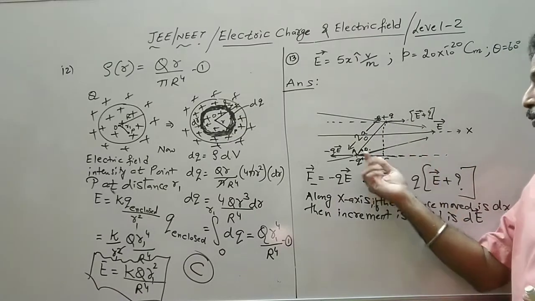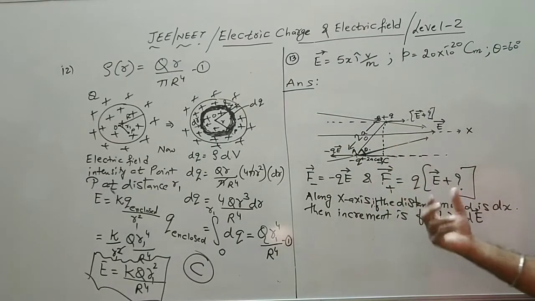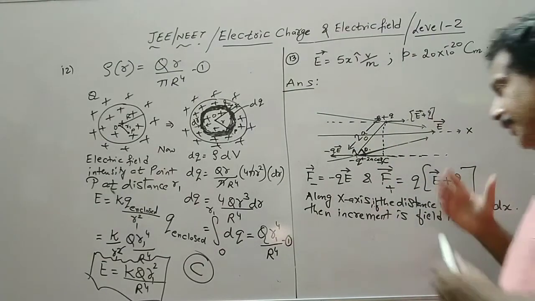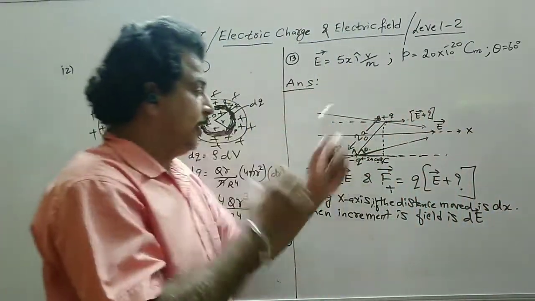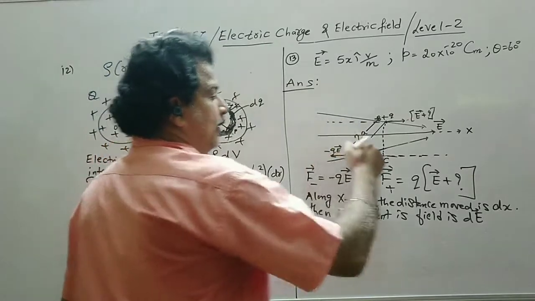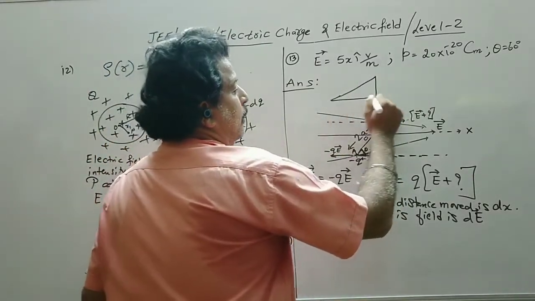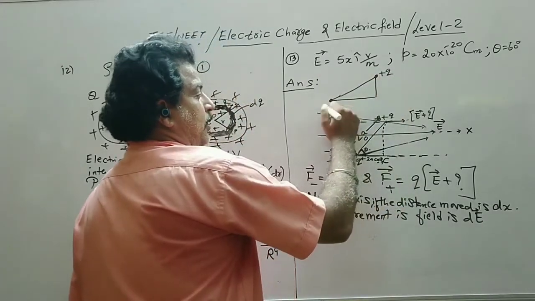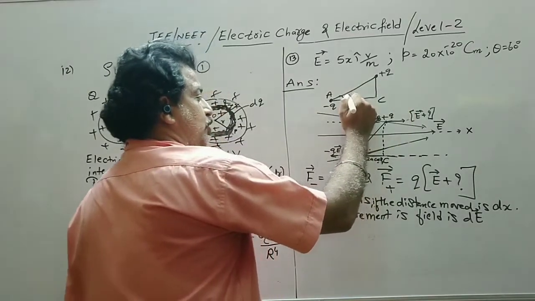If I move along the x-axis, the field is increasing. I assume that I move a distance dx, so the field increase is dE. But actually I move 2a cos theta, so I have resolved this component. If I draw this triangle ABC again, this is the plus q charge, this is the minus q charge, AC, and this is your theta.